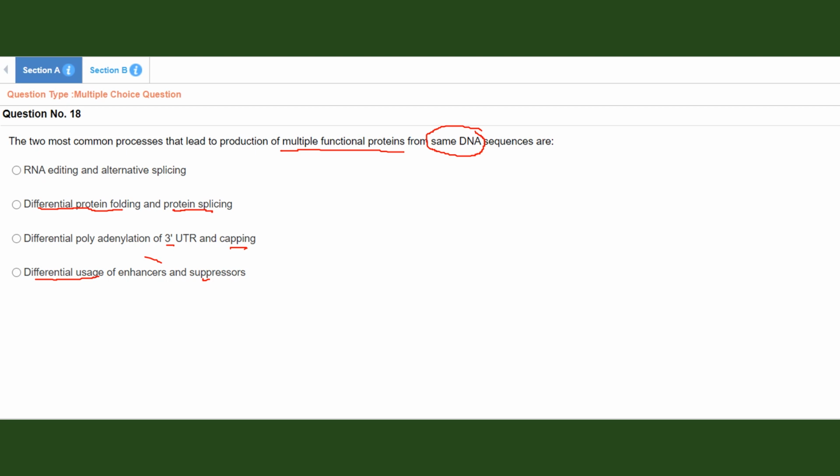Well, it can't be option number 4 because enhancers and suppressors are for a single gene. It will lead to the enhancement of the gene expression or suppress it. So this is not the correct option.